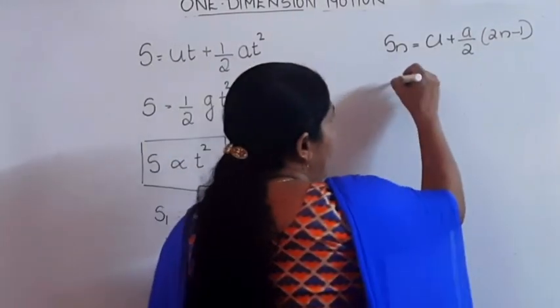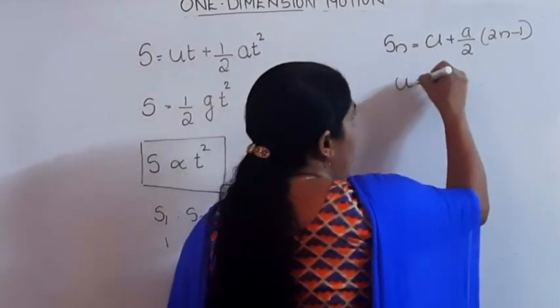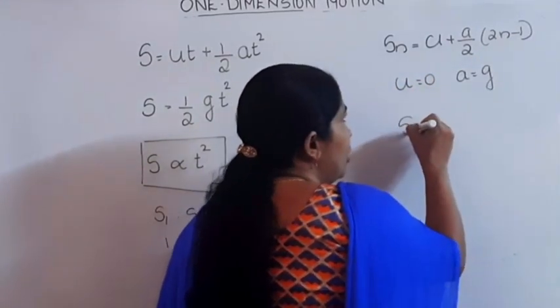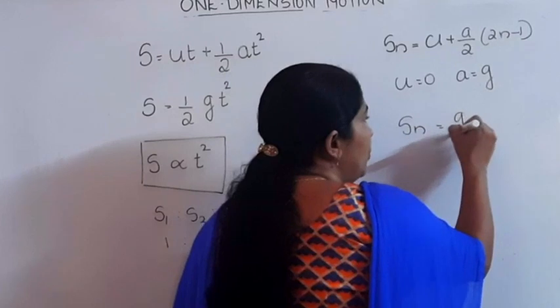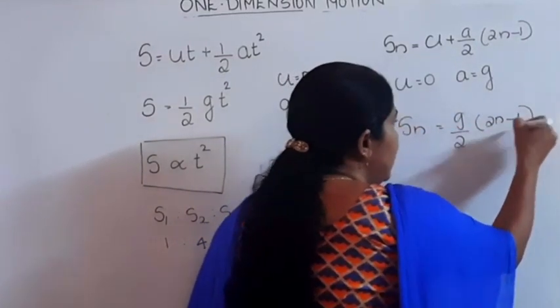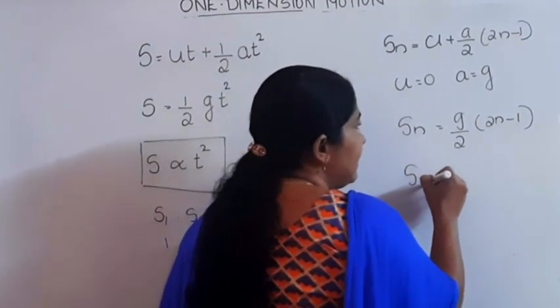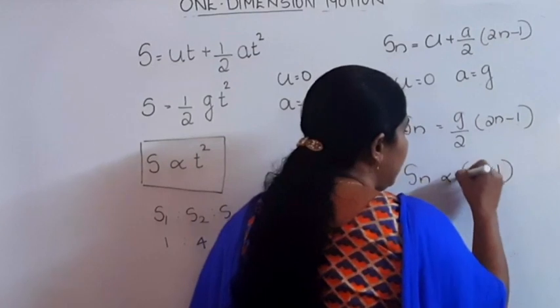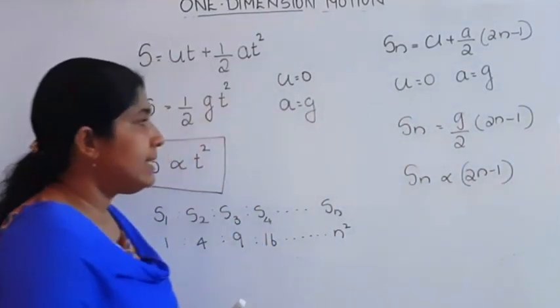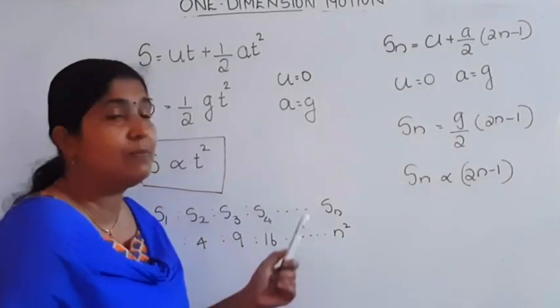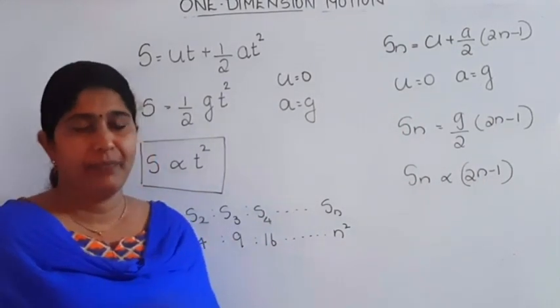In the case of a dropped body, u is equal to 0 and a is equal to g, then Sn is equal to g by 2 into 2n minus 1. From this equation, Sn is directly proportional to 2n minus 1. This is the equation for the displacement in the nth second.